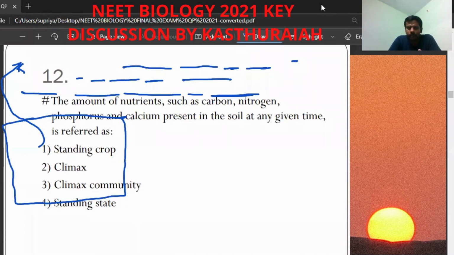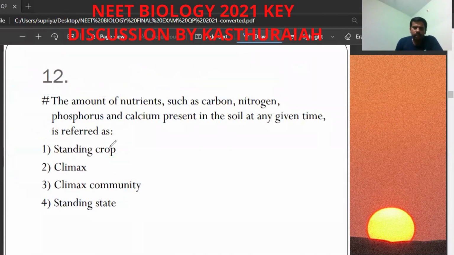Now read the options. Standing crop regards the organic biomass, and climax is not at all related. Then climax community and standing state is the amount of nutrients such as carbon, nitrogen, phosphorus, and calcium present in the soil at any given time. So the correct option is the fourth one.